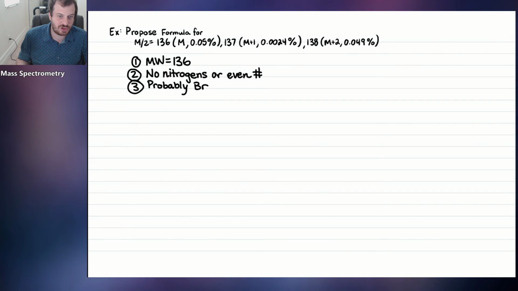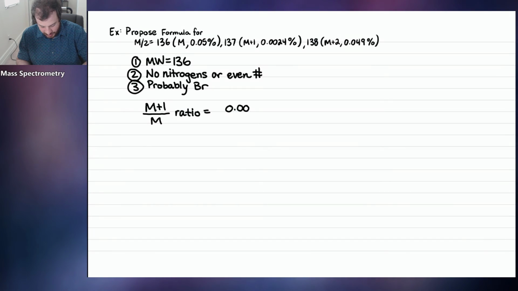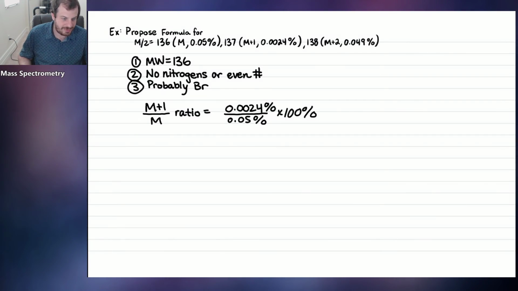Okay, so let's try and figure out what is our carbon count. So for that, we'll do our M plus 1 divided by M ratio. And if we do that, we get 0.0024 divided by 0.05 times 100%. And that gives us 4.8.